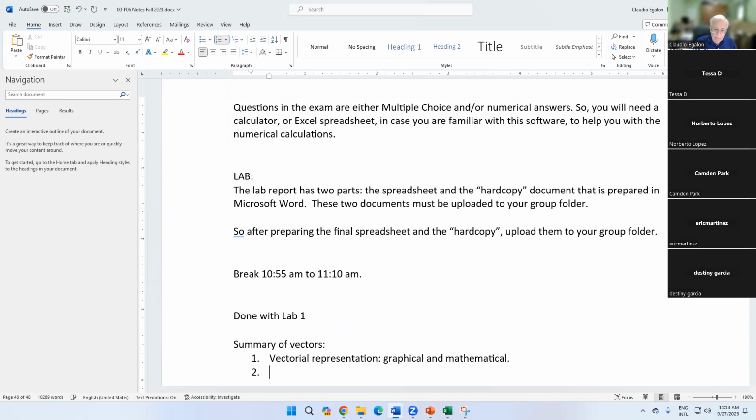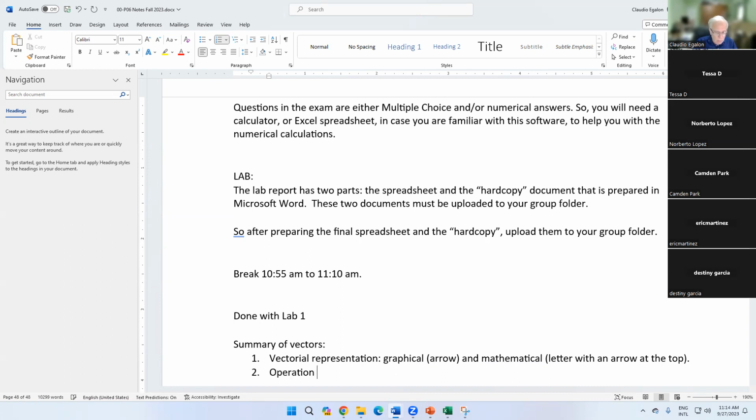The graphical representation is an arrow. The mathematical representation is a letter with an arrow at the top. That's what we did.